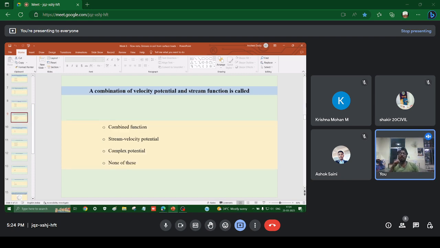A combination of velocity potential and stream function is called combined function, stream velocity potential, complex potential, or none of these.